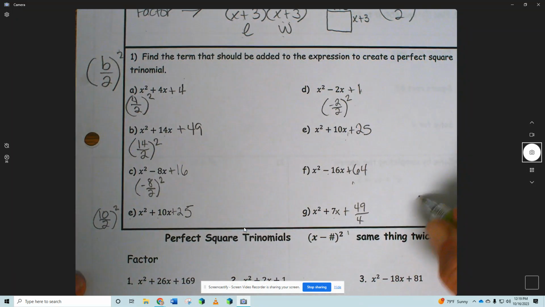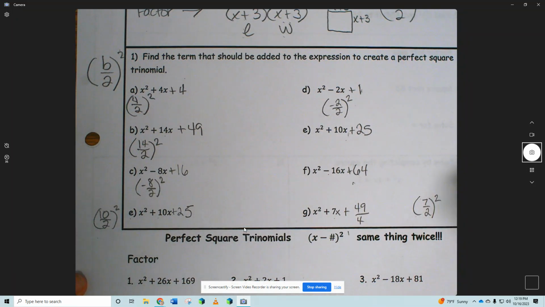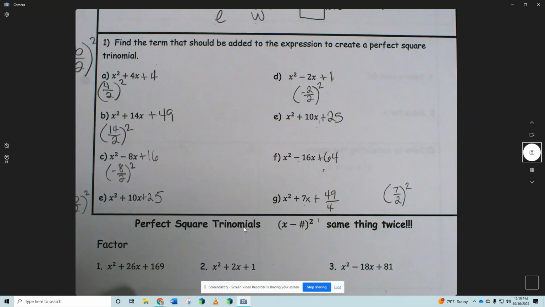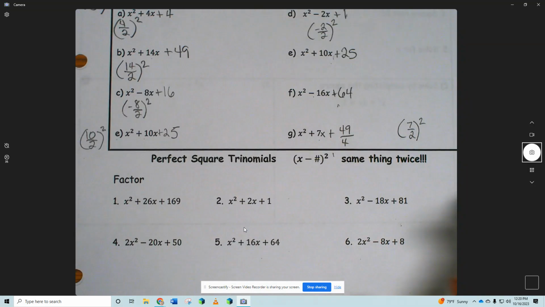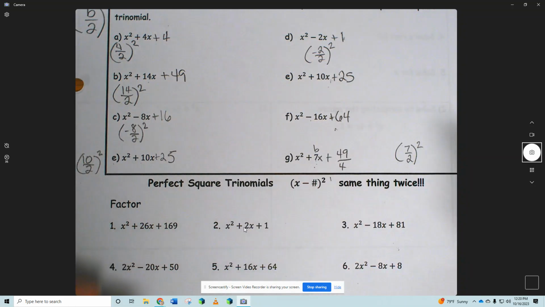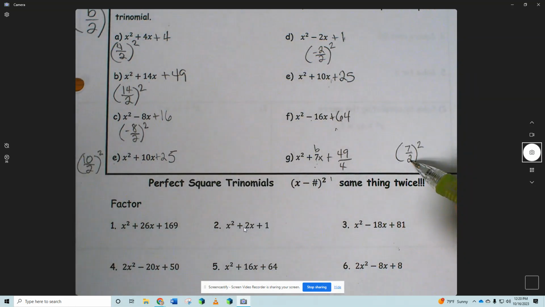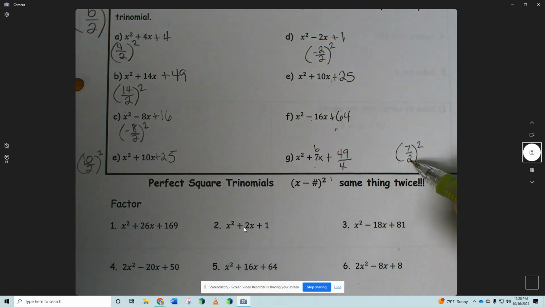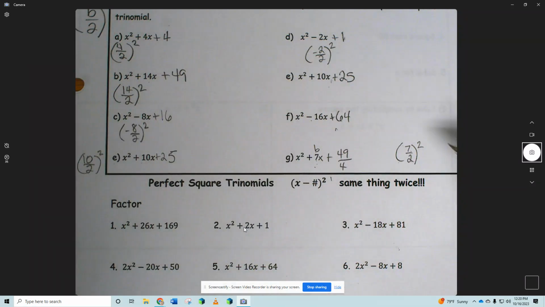And that came from 7/2 squared. 7 times 7, 49. 2 times 2, 4. Same thing. This is b. So you cut b in half, 7 over 2, and then you multiply it by itself. 7 over 2 times 7 over 2 squared.